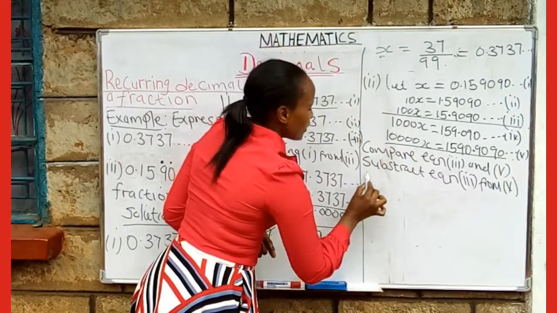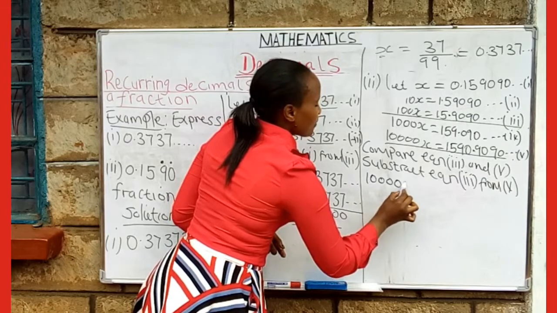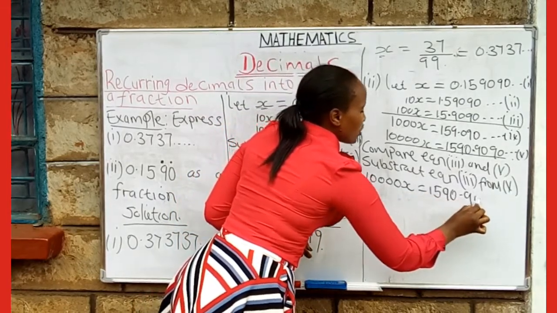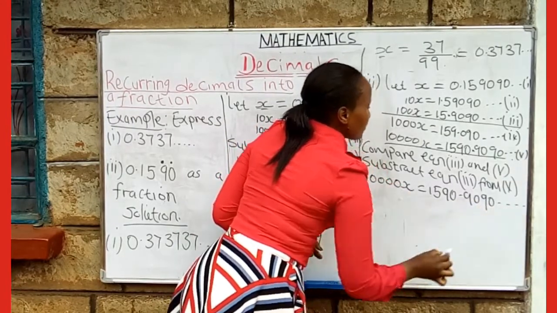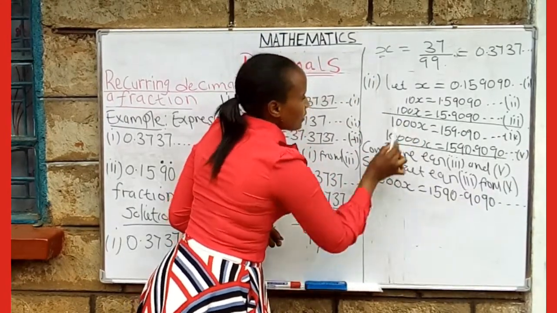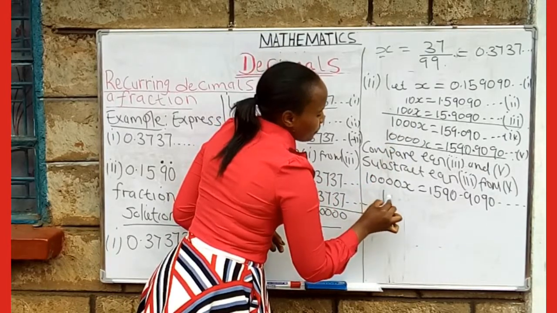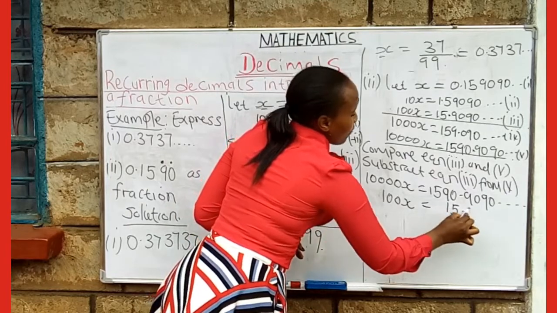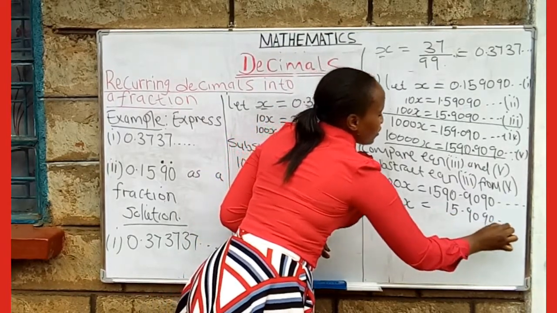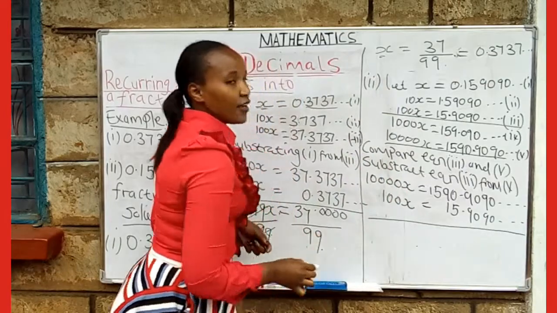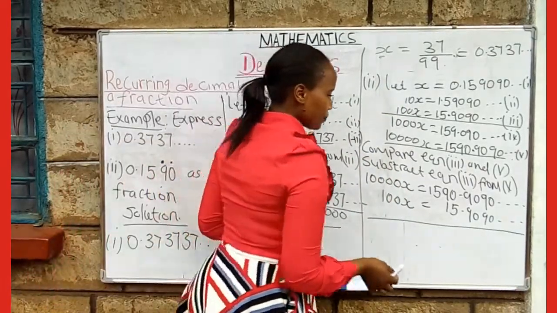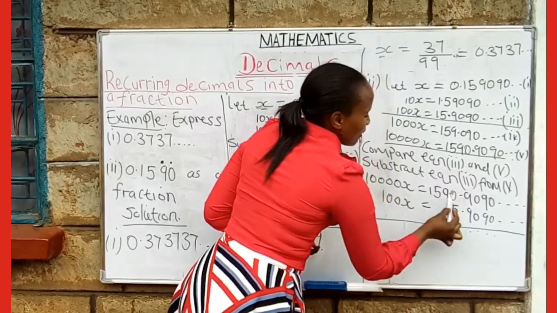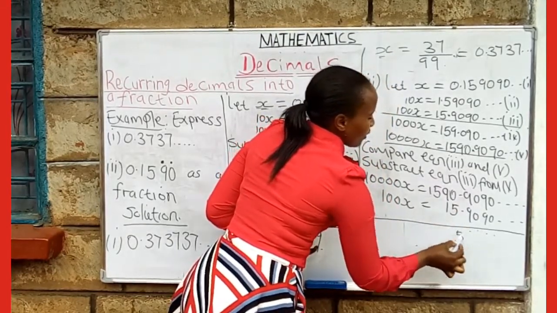So when we have 10,000x is equals to 1590.9090 recurring, we subtract 100x, which is the same as 15.9090 recurring, and then we subtract. So this part is eliminated, and therefore if you borrow 1 here, this is 5.